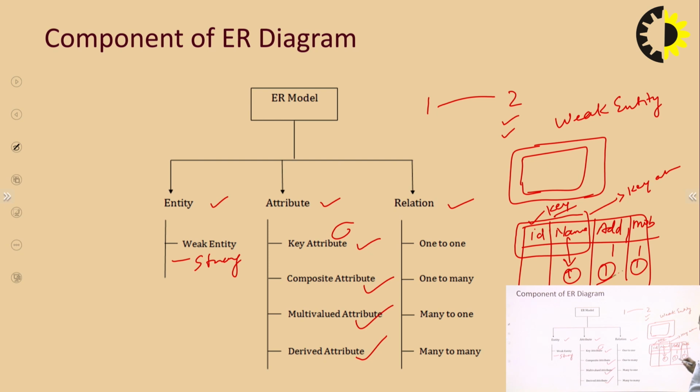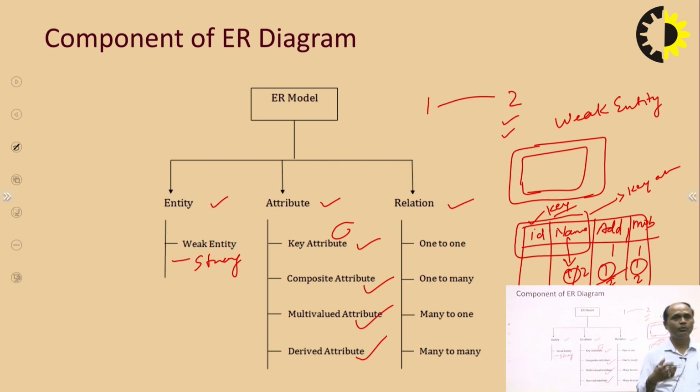But it is possible for one student to have two addresses and two mobile numbers, while we cannot have two names of a student in a particular table. So this is called a multi-value attribute.